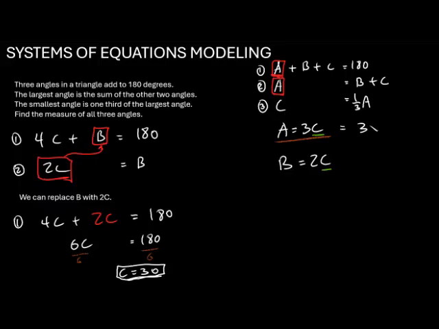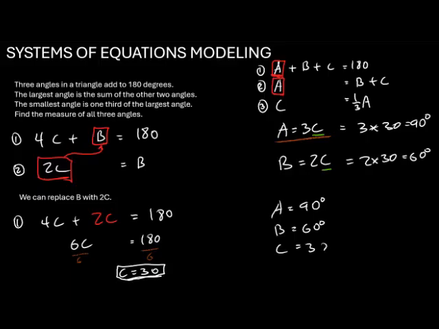So A will equal 3 times 30, and B will equal 2 times 30. 3 times 30 is 90 degrees, and 2 times 30 is 60 degrees. This means our largest angle is 90 degrees, our middle angle is 60 degrees, and our smallest angle, C, was 30 degrees. These are the angles of the triangle that satisfy this system of equations.